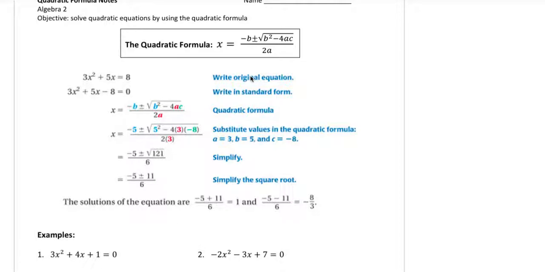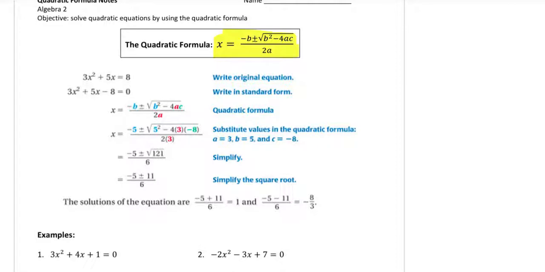Okay, but the quadratic formula, what it is, you can see it in the box there, and let me highlight it for you. This right here is the quadratic formula. You'll hear me say it a couple ways. First, you'll hear me say x equals the opposite of b plus or minus the square root of b squared minus 4ac all over 2a.